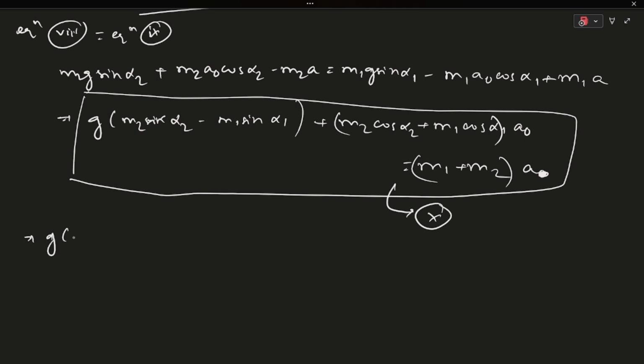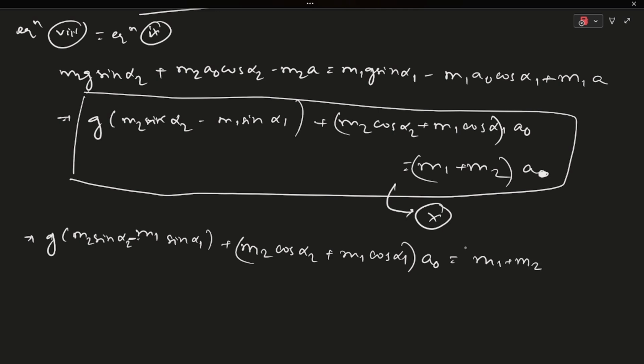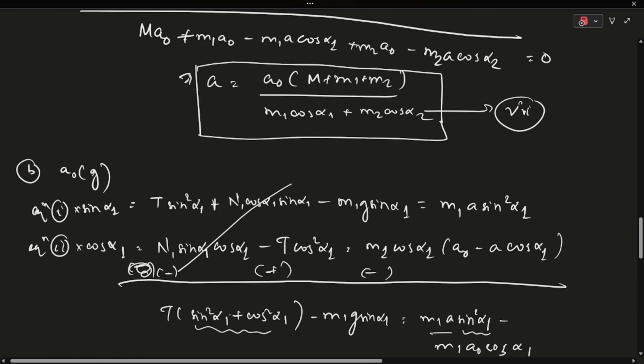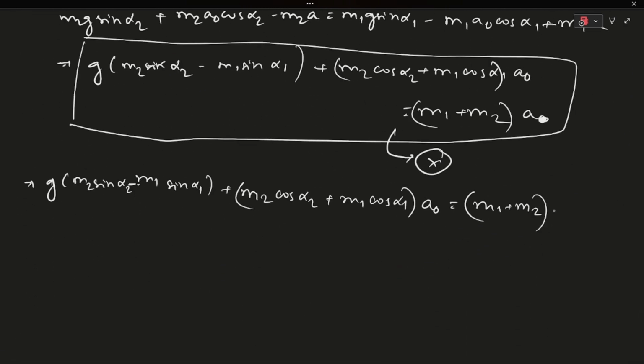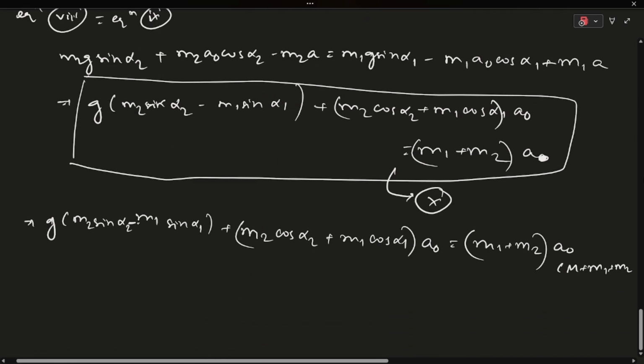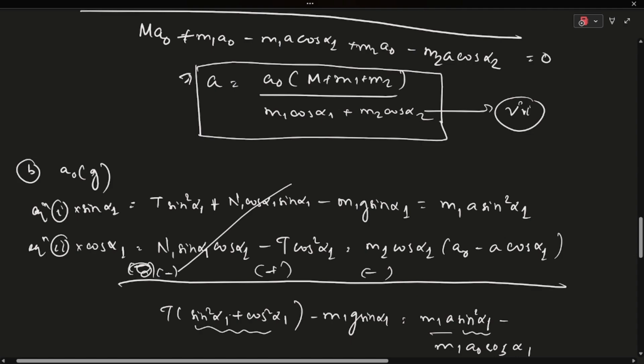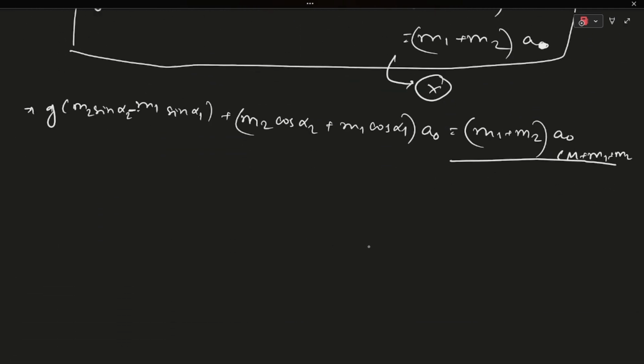So here it is g into m2 sin alpha 2 minus m1 sin alpha 1 plus m2 cos alpha 2 plus m1 cos alpha 1 a naught is basically m1 plus m2 times a naught, divided by m1 cos alpha 1 plus m2 cos alpha 2.